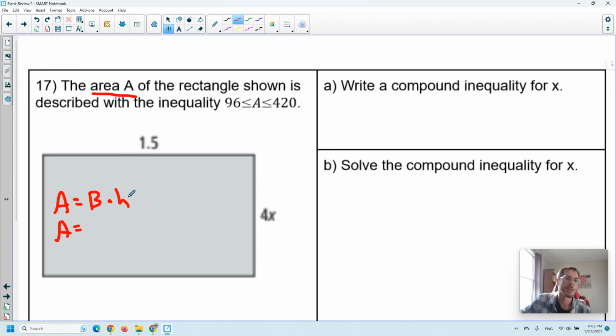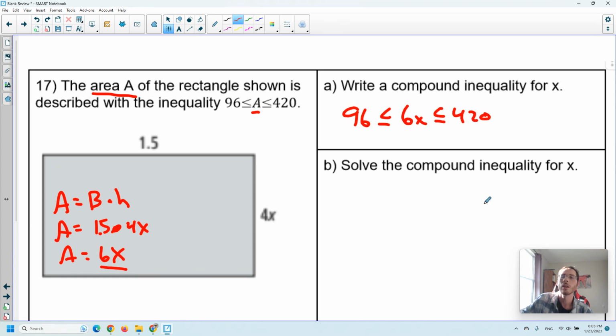So in this case, it's going to be 1.5 times 4x, but 1.5 times 4 is 6x. So what we're going to do is take this 6x and plug it in for A. So 96 is less than or equal to 6x, which is less than or equal to 420.